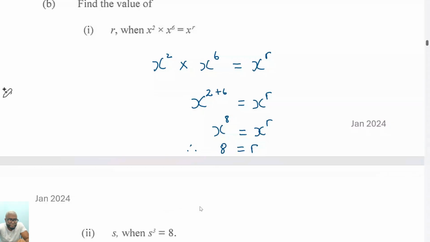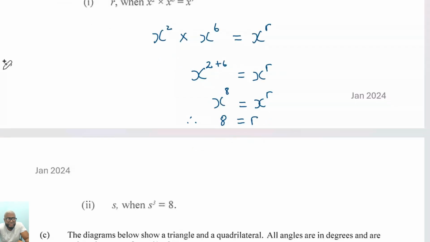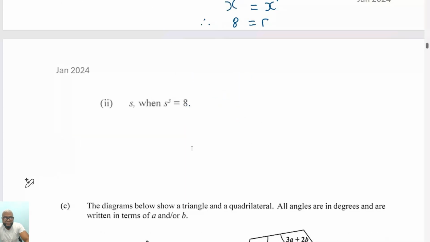Right. Now they want us to find s underneath here. Anybody needs to write above? So for this part of the question, we have s to the third power is equal to 8. Now you can write 8 in index form, right?